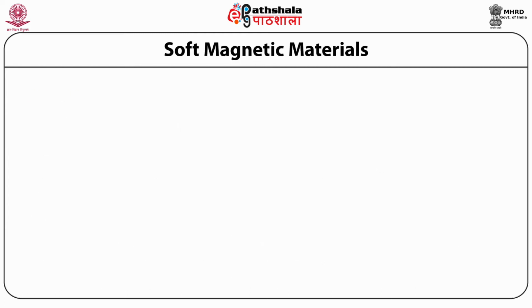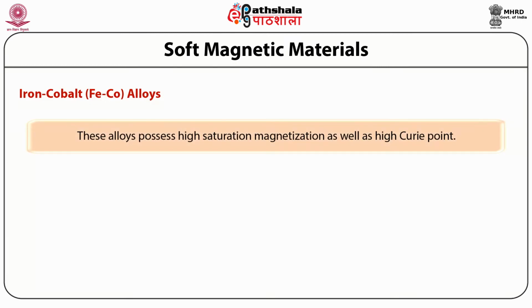Next type of soft magnetic material is the iron-cobalt alloy. These alloys possess high saturation magnetization as well as high Curie point.